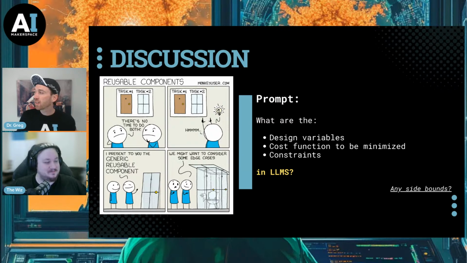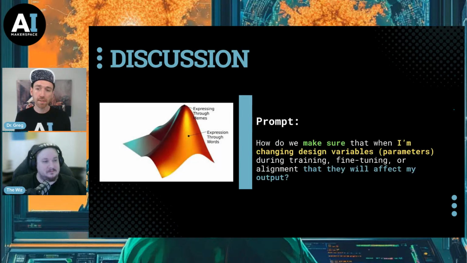Yeah. And let's just say, okay, let's fully constrain this problem and say the design variables are the parameters themselves. And I think this is maybe the easiest way to start thinking about this. If I say my design variables are my parameters, how do I, in practice, make sure that I'm changing only the design variables that really matter to get a specific output, right?